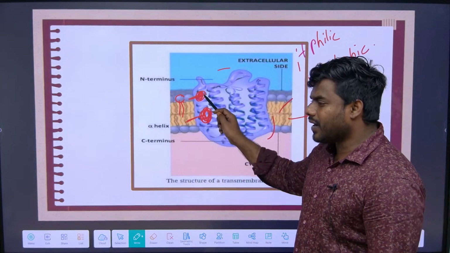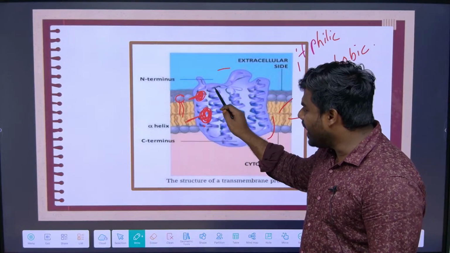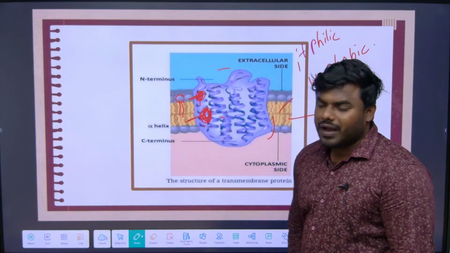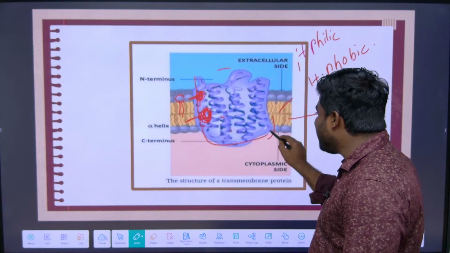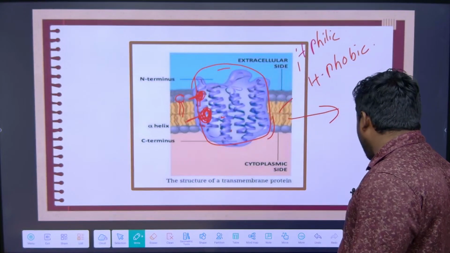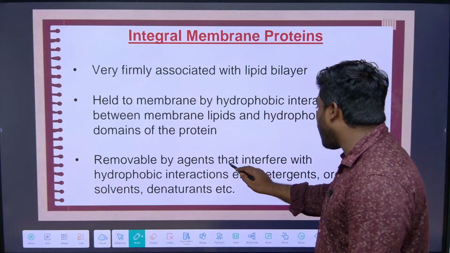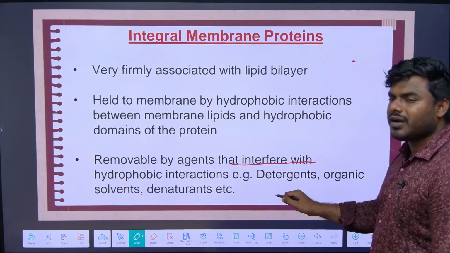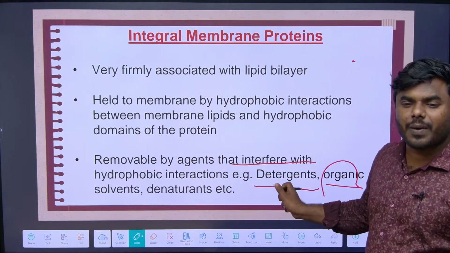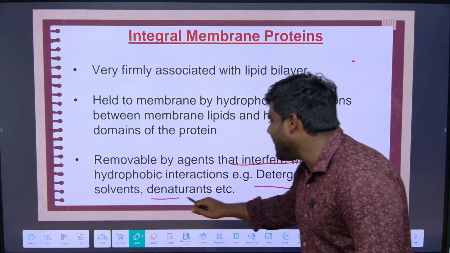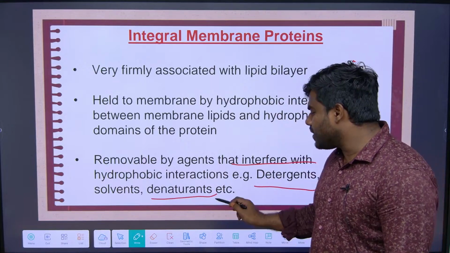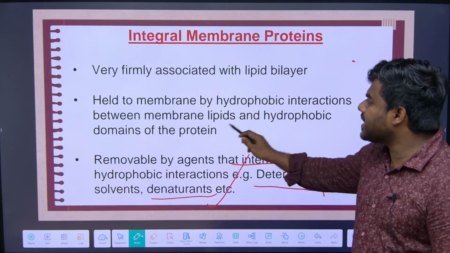So hydrophilic and hydrophobic amino acids help the integral protein associate with the membrane, and it is always deeply integrated within the membrane. So if I want to separate this, I should always use stronger detergents, organic solvents such as ether, chloroform, carbon tetrachloride, and denaturants.